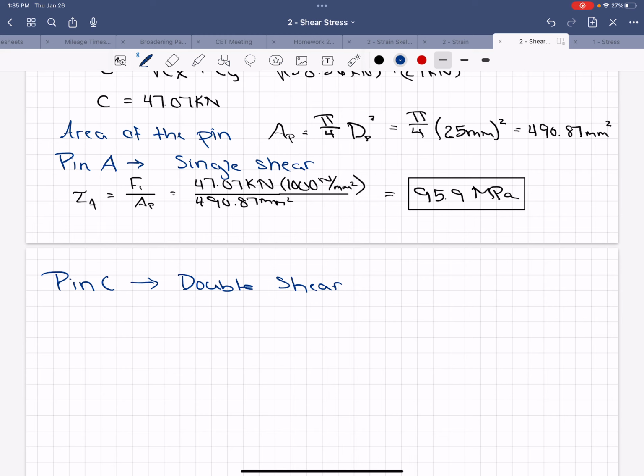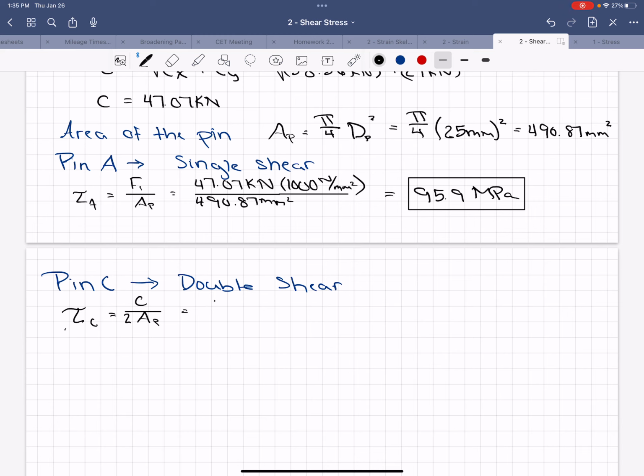So the shear stress at pin C equals that resultant force of C all over 2 times the area of the pin.